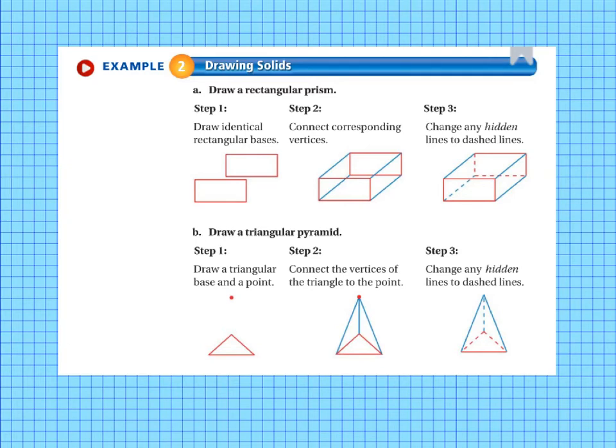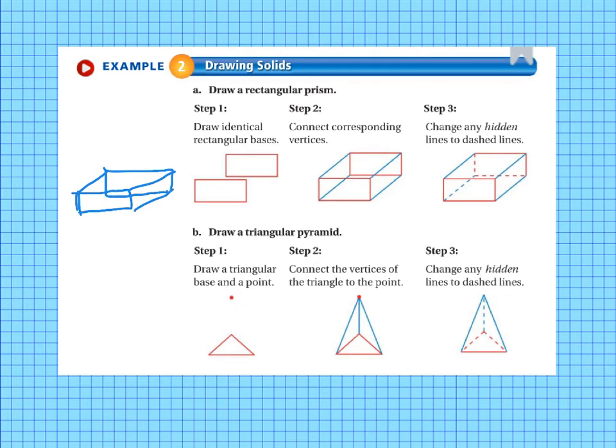Now you might see me do this a slightly different way, and I'll model that for you here. When I do these, I do start with the identical bases, or I try to make them identical, but I overlap those corners. And then I connect the corners.